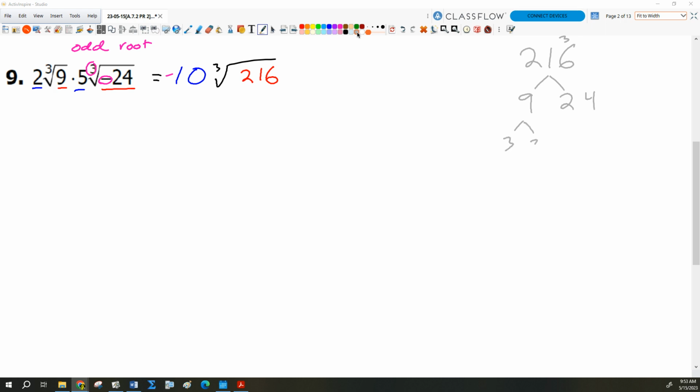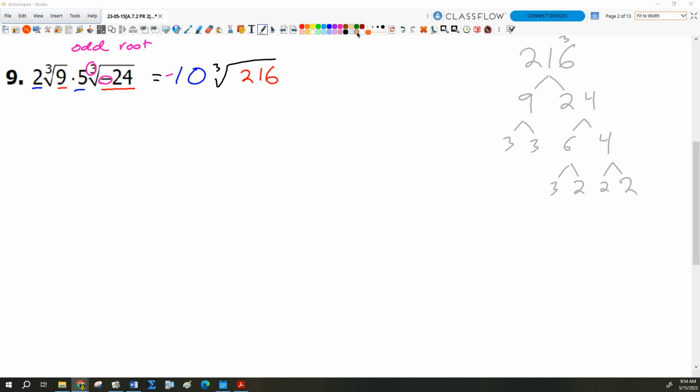So we'll break that 9 down to a 3 and a 3. How about 24? 6 and 4, okay? And the 6 breaks down into 3 and 2. And the 4 breaks down into 2 and 2, right?